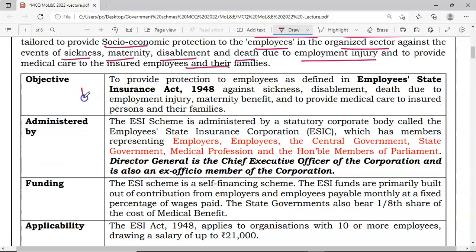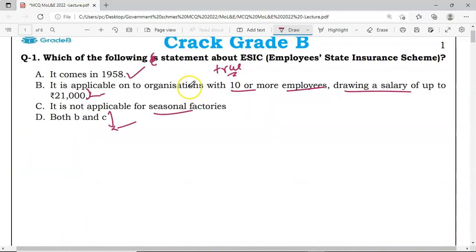It covers social protection, or gives health benefits to employees in the organized sector, right? Its objective, first of all, was defined in the Employee State Insurance Act 1948. So this answer, 1958, is wrong.